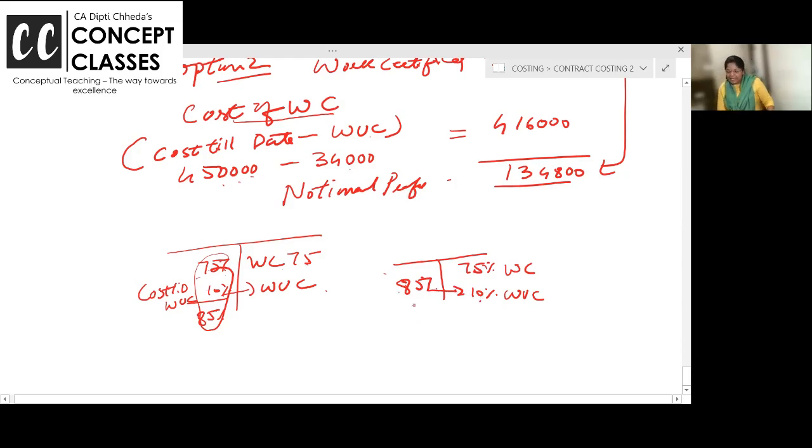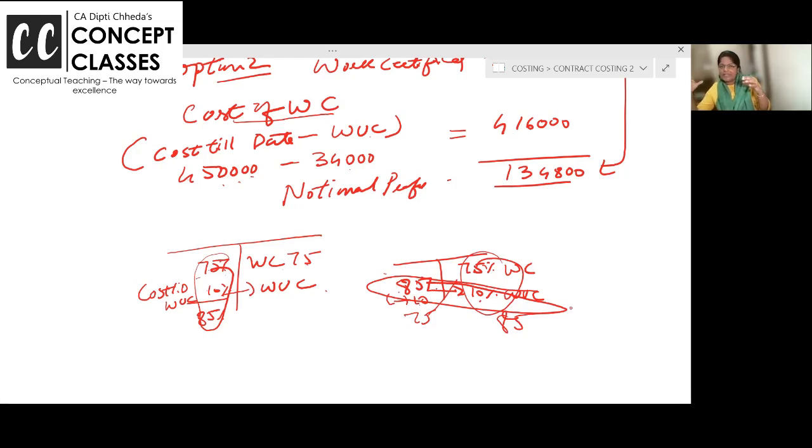From cost till date, I have minus this. या तो minus करो तो फिर 75 कंपेयर होगा या फिर इसको 85 पे लेके आओ. Is my explanation clear? Either add work certified, uncertified and get it 85 and this side of cost is also 85. और total cost में से future cost निकाल दो तो you will get cost till date.